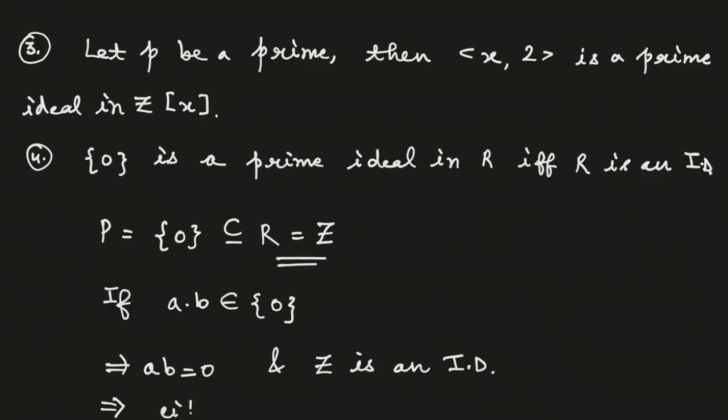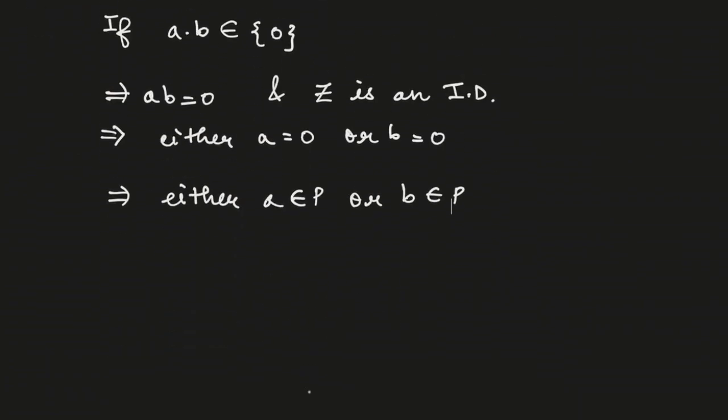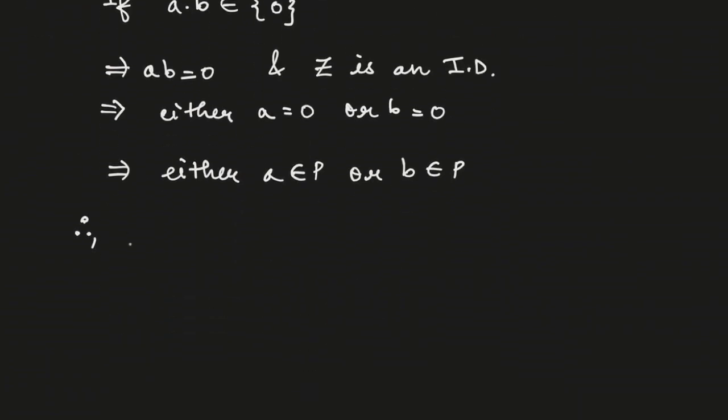This implies that either A is 0 or B is 0, meaning either A belongs to P or B belongs to P. Therefore, the singleton 0 is a prime ideal in Z.